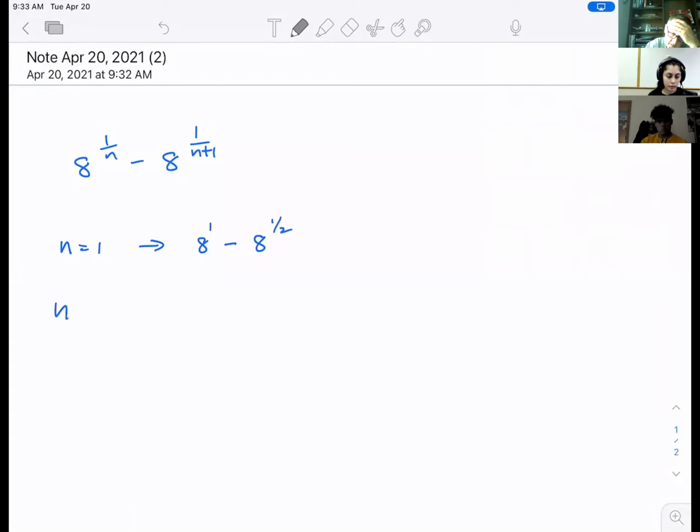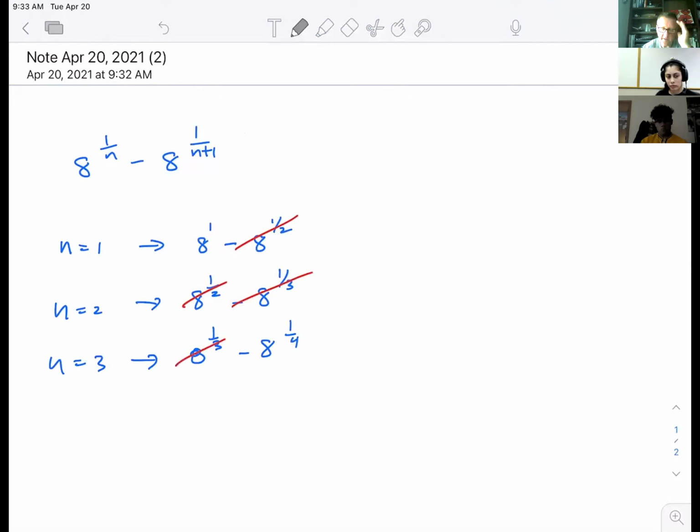So then n equals 2, I put 2 in there, I get positive 8 to the 1/2, negative 8 to the 1/3, and so, okay, cool, I see this is flying now. Then 8 to the 1/3, minus 8 to the 1/4. So what I see happening is a minus 8 to the 1/2, a plus 8 to the 1/2, a minus 8 to the 1/3, a plus 8 to the 1/3, and so that's just going to cancel forever.